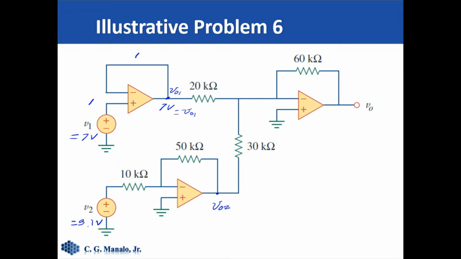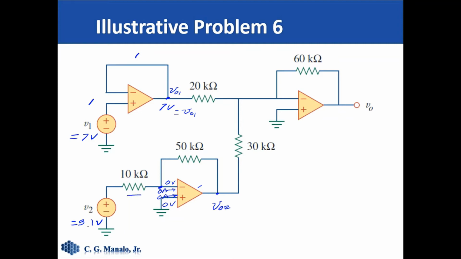So how do we get V02? Well, we can apply KCL here. This terminal is 0 volts, since this is an ideal op-amp. So the current here is 0, as well as in this terminal, the current is 0.